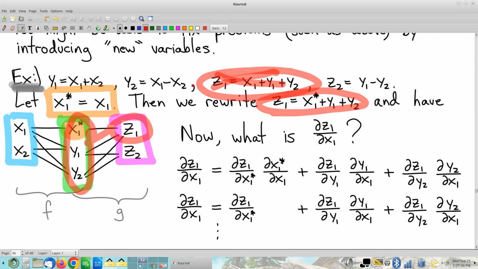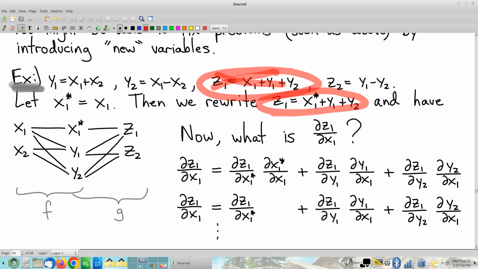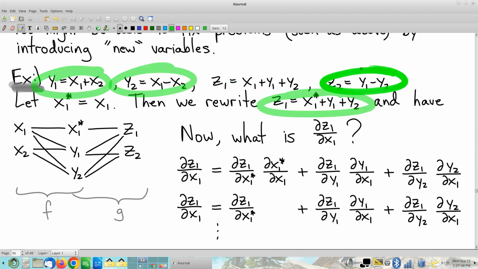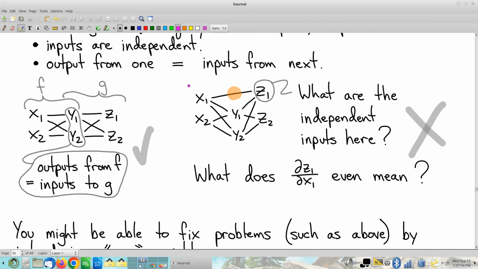And having done that, cleaning up my mess, we now have altogether 4 equations, there, there, there, and there. And you can totally write down the chain rule. So, for example, now let's look back up here. We failed up here to make sense out of partial of z1 with respect to x1. That didn't even make any sense.